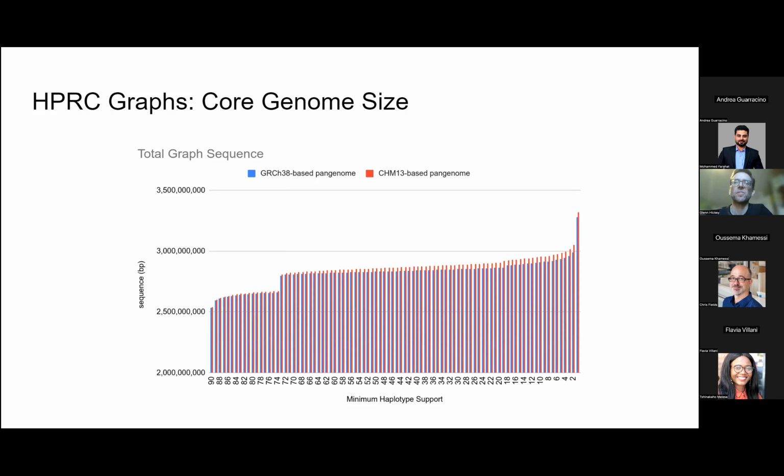So some haplotypes have an X chromosome, some haplotypes don't. But it's all to say that you have a couple of megabases shared between everything that is off the reference. And next slide.